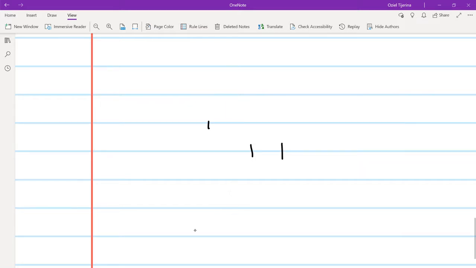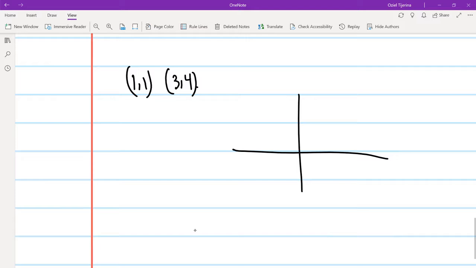Let's say that you have something like 1, 1 and 3, 4. Of course, the way that you would do it is you would kind of sketch it a little bit. So you would say this is 1, 1, and then if you want to go ahead and do 2 more and then 3 more right here, you would say that this is 3, 4.